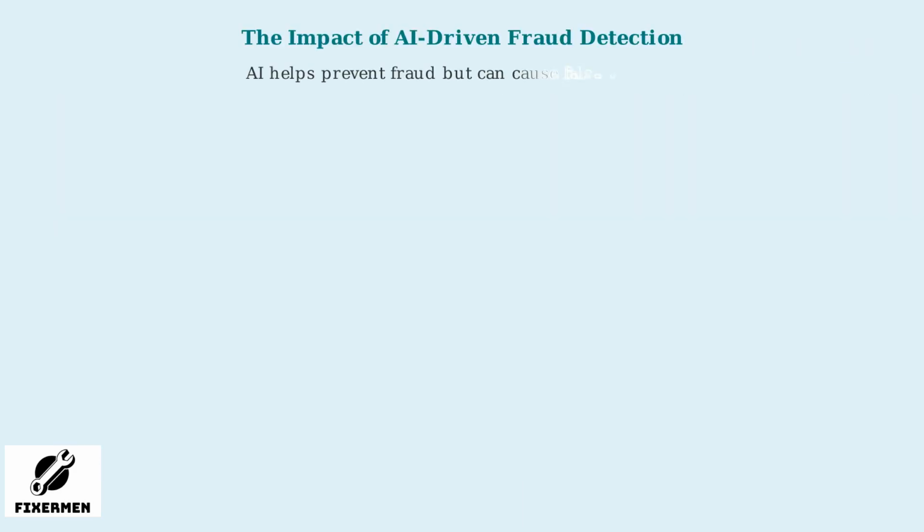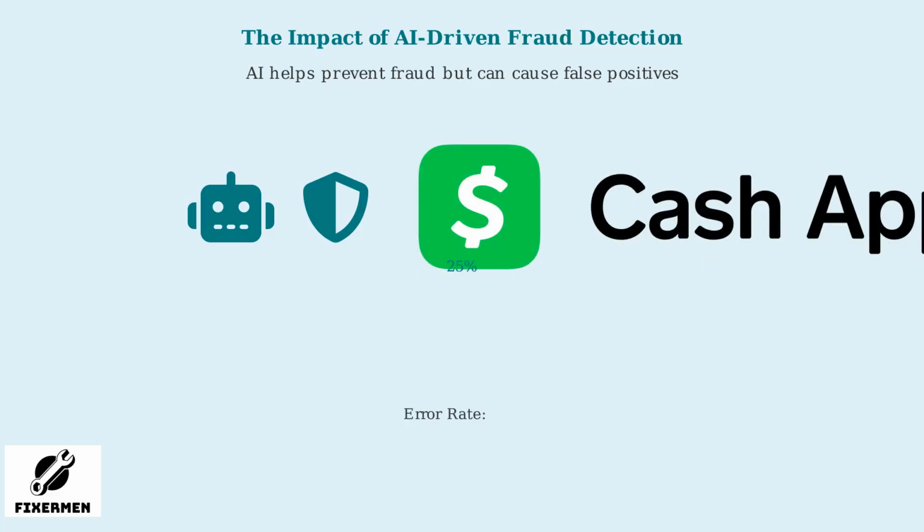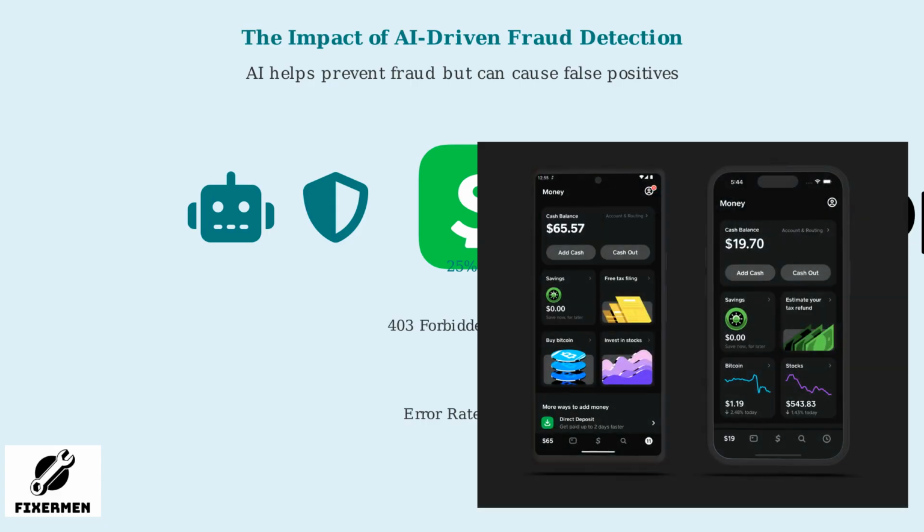Cash App uses advanced AI-driven fraud detection to protect users from scams and unauthorized transactions. While this technology is highly effective at preventing fraud, it can occasionally flag legitimate activities as suspicious, resulting in false positives that trigger 403 forbidden errors. When this happens, users may see a 403 forbidden error when trying to access certain features.